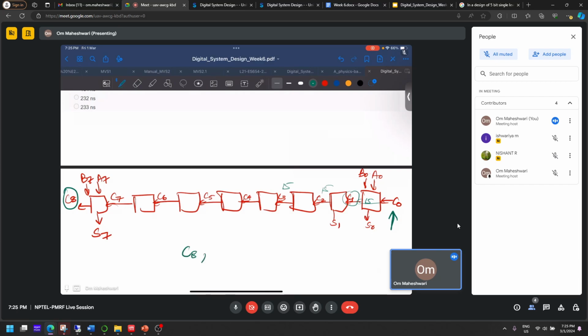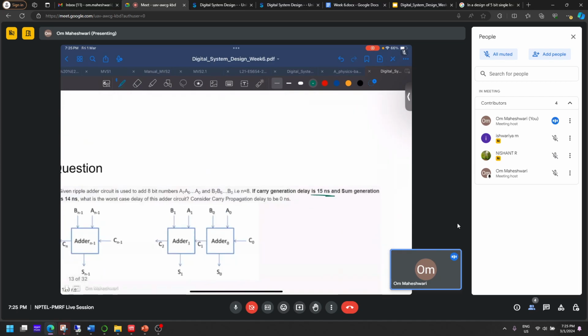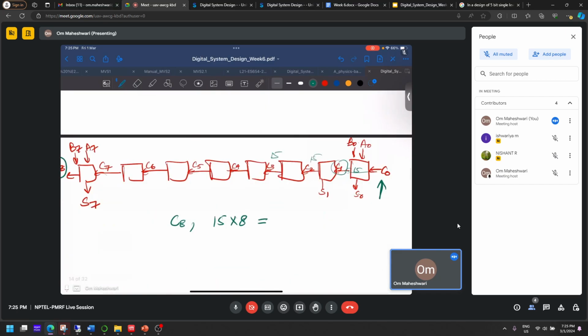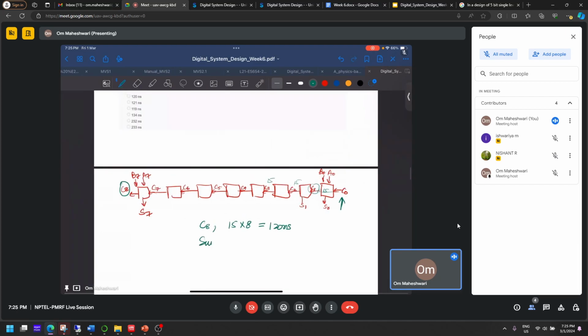To generate C8, we need 15 into 8, right? 15 is given as the generation delay for carry. So this is 120 nanoseconds. And for sum, what it will be? Till C7, we need 15 into 7.